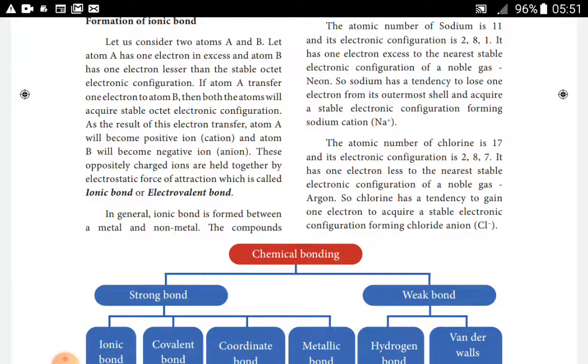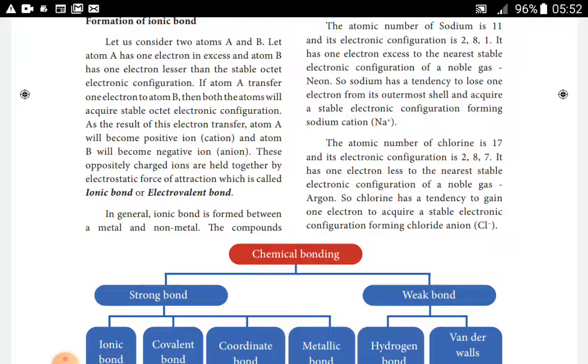So 17 protons and 17 electrons. So the configuration is K shell 2 electrons, L shell 8 electrons, M shell 7 electrons. So it has 1 electron less compared to the octet structure, or compared to the nearest noble gas, argon. Argon has atomic number 18, so configuration 2, 8, 8.